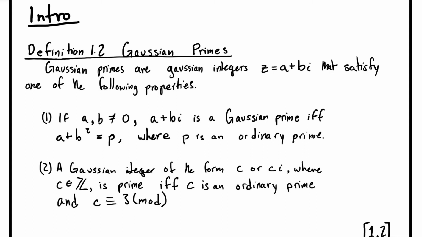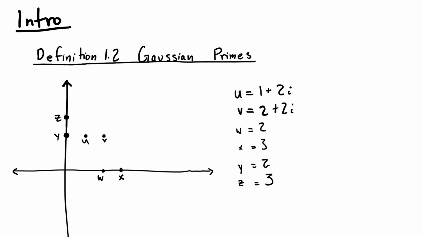So in the Cartesian plane, this would be any z's that are not on an axis. The second requirement for Gaussian primes is that if it's of the form c or ci, so one of the ones that is on an axis, it's prime if and only if c is an ordinary prime that is congruent to 3 mod 4.